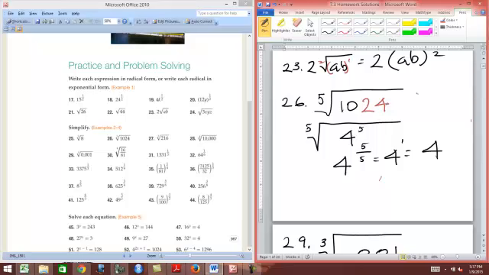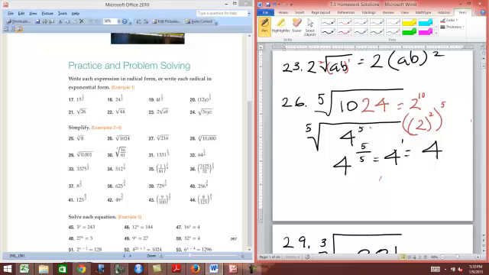Okay, 1024 equals 2 to the 10th. Hopefully you know that by now. Which is the same as 2 raised to the 2nd power to the 5th power. 2 times 5 is 10, so that's 4 to the 5th.